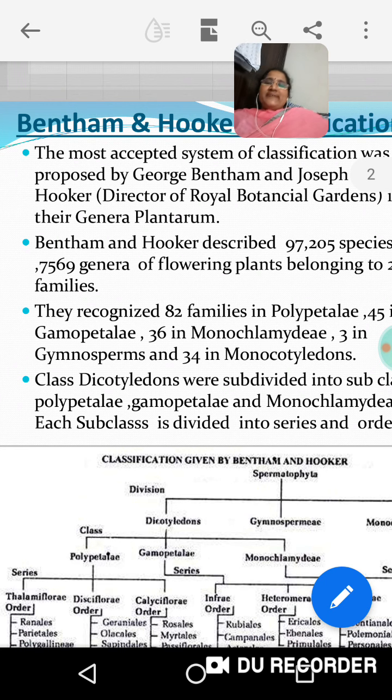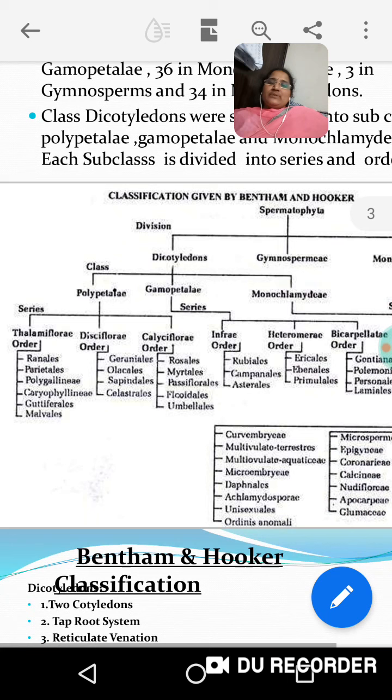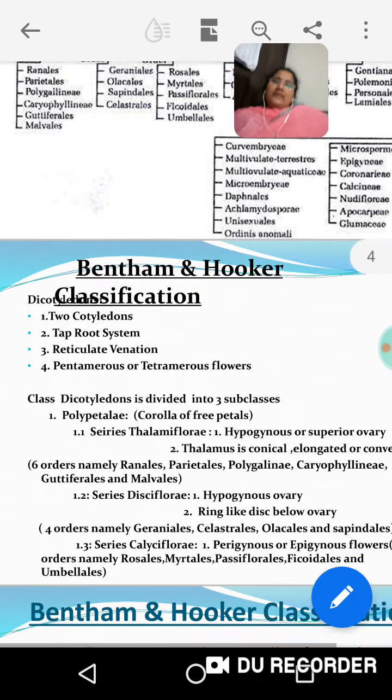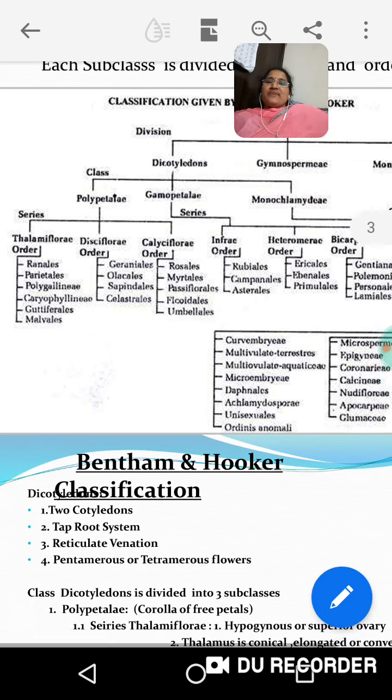The book written and published by Bentham and Hooker is named Genera Plantarum, and they described 97,205 flowering plants. You have to learn by heart, in detail, the full classification up to the orders. You have to learn it completely, and then justify the classification step by step.